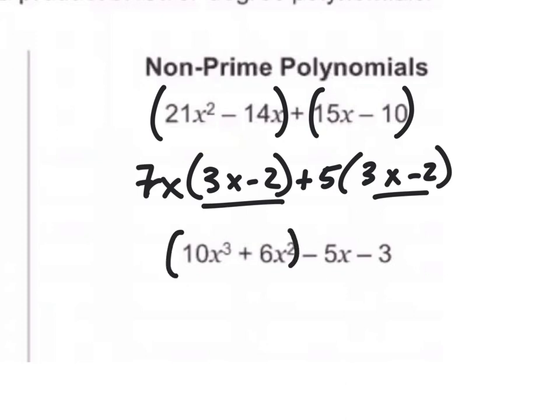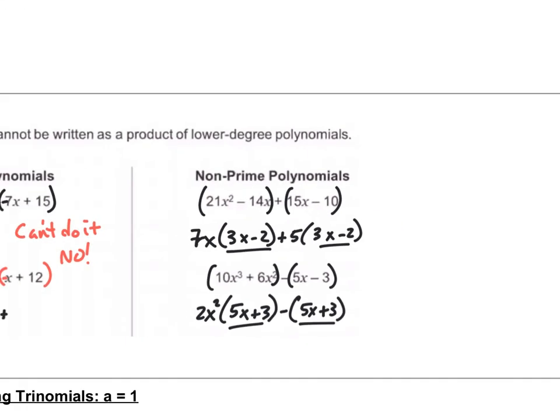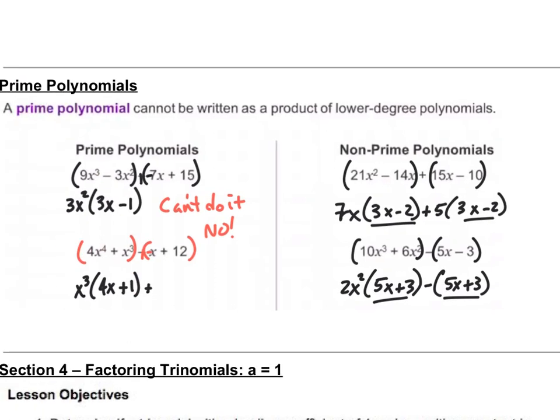Same thing down here: I can factor out a 2x squared, and that leaves me with 5x plus 3. Here I can factor out a negative, and that leaves me with 5x plus 3. And you can factor these out as well. So that's the difference. Some of these you can do, some of them you can't.